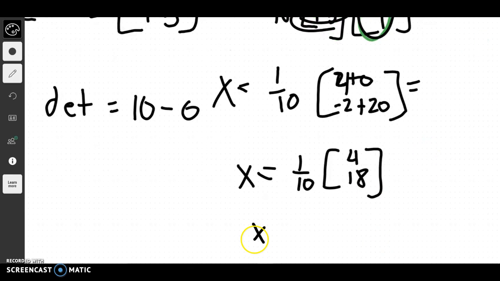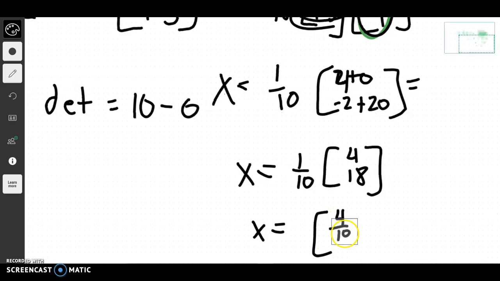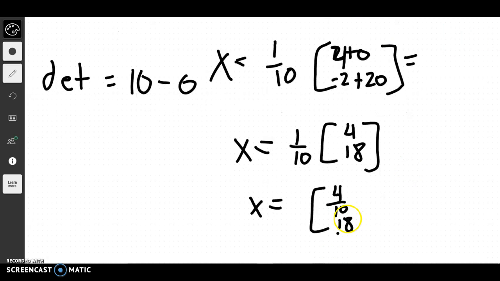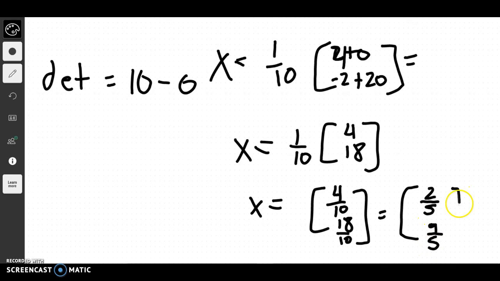And then if you really wanted to, you could have your final answer be 4 over 10 and 18 over 10. I don't care about simplifying. If MathSpace really wants you to simplify these fractions, you really could have it as 2/5 and 9 over 5. But again, that would be good enough. Even this would be good enough for me if you don't divide everything by 10.